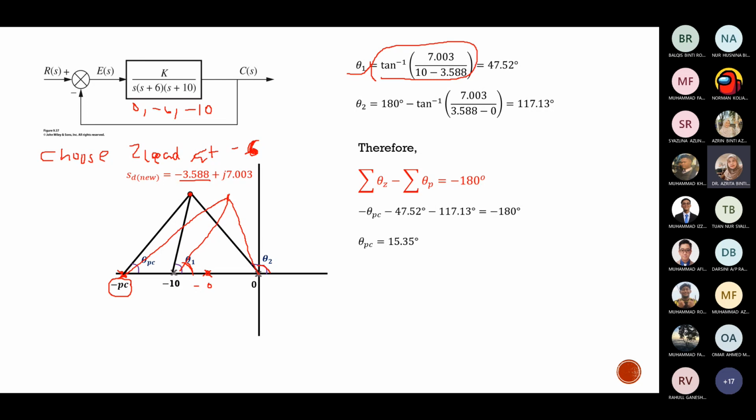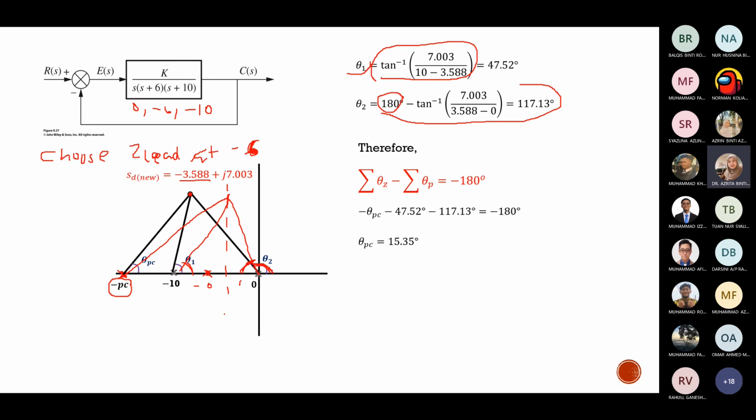For theta 2, since it is located on the right side, you need to include the 180 degrees, because from the tangent formula we obtain this angle. So for theta 2, we need to include the 180 degrees to obtain the exact value.